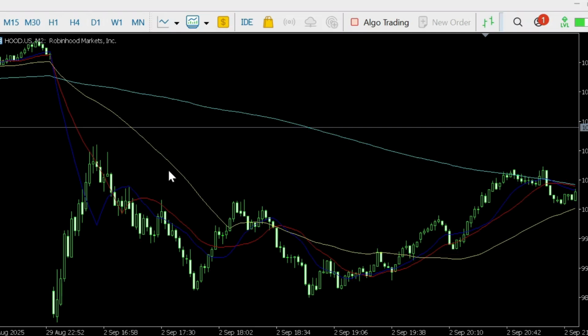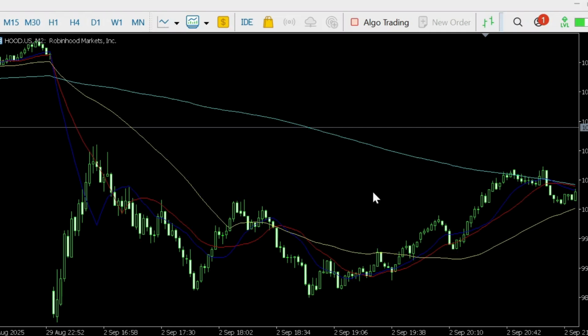This is the yellow one, and it is the 50 moving average. I know that some of you must be familiar with this one. It's also among my best moving averages for making any kind of trade, whether it is stocks or forex. The 50 moving average. I hope you're taking note of them.